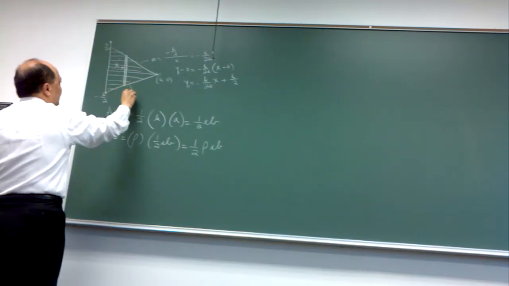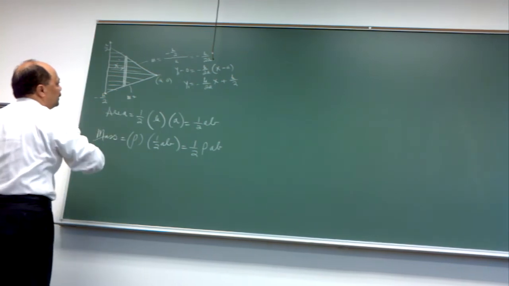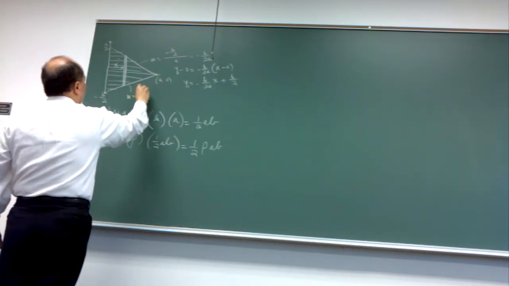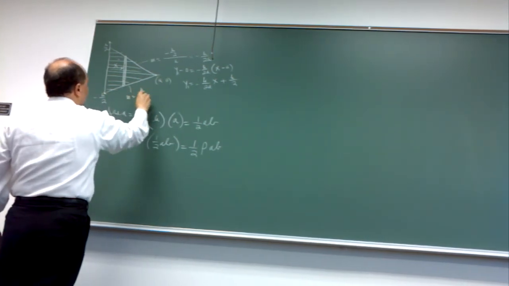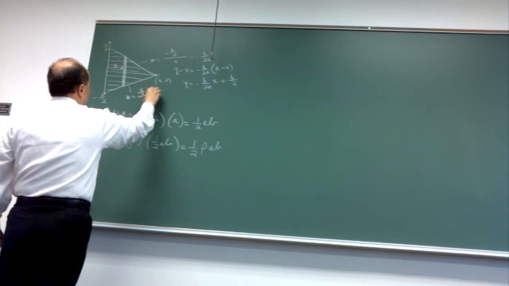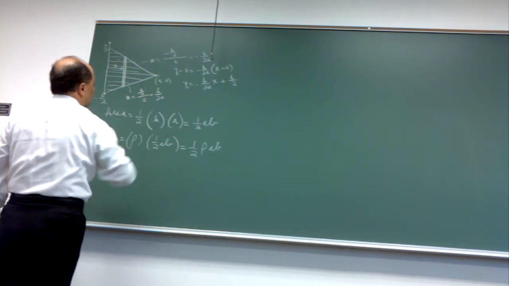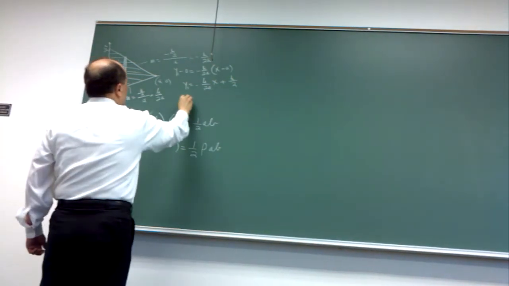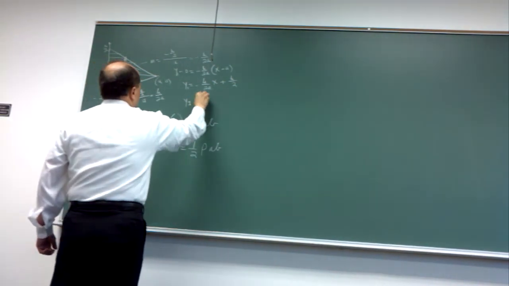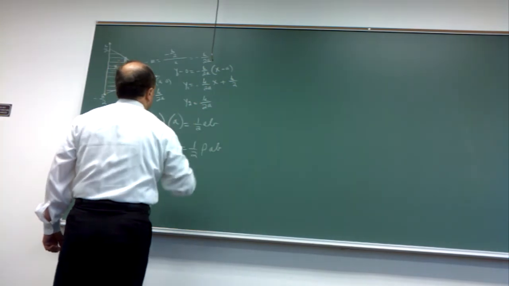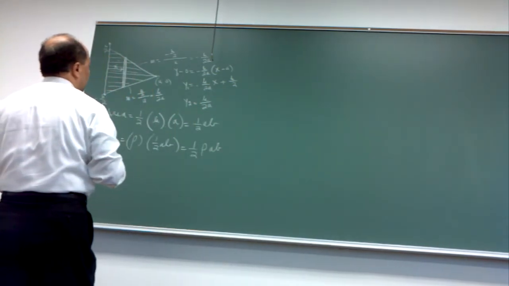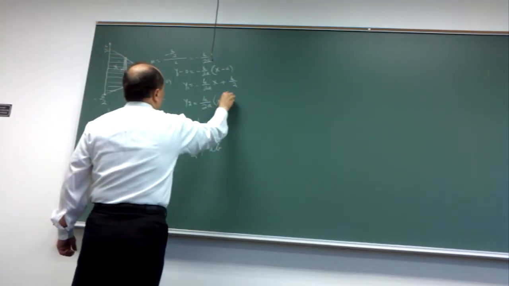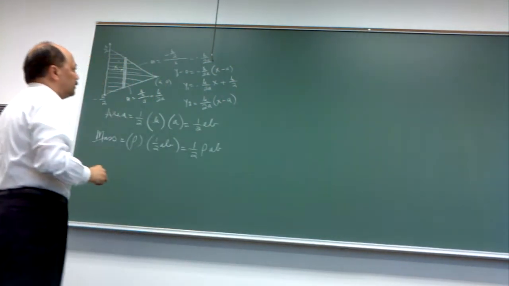So let's look at this line. For this line, the slope is b over 2 all over a, or simply b over 2a. So y2 is b over 2a times x minus a.